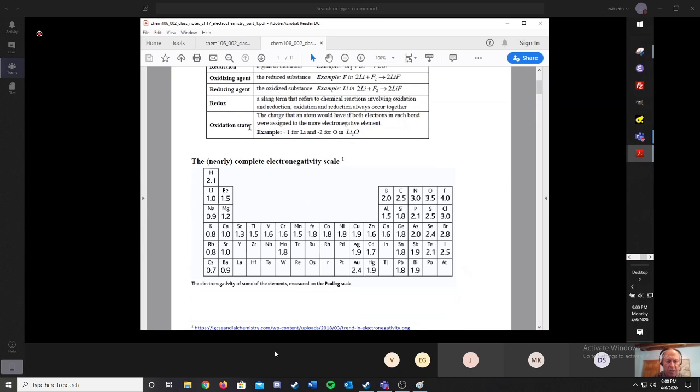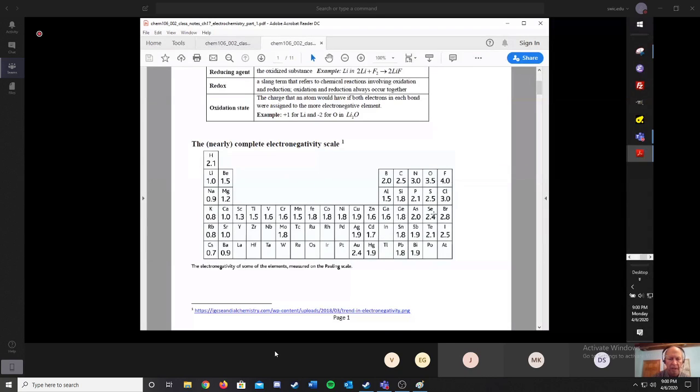And another term is oxidation state, and that refers to the charge that an atom would have if both electrons in each bond were assigned to the more electronegative element. And there are rules for assigning the most electronegative element, but they can be predicted by where atoms or elements live in the periodic table.